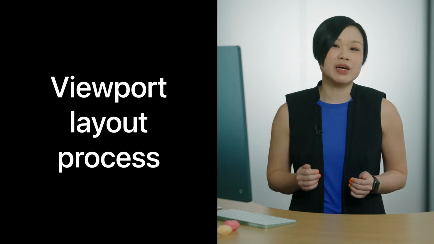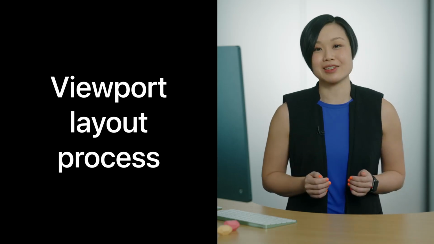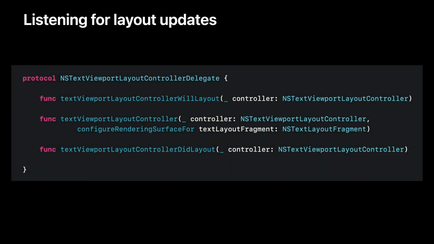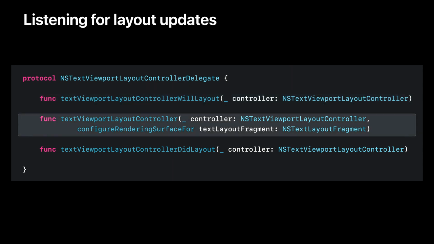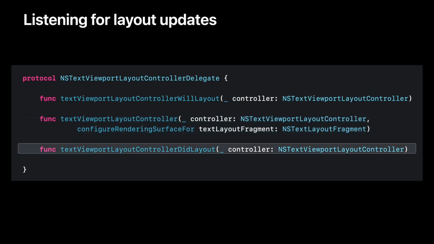Now that we've met the viewport layout controller, let's talk about how to participate in the viewport layout process. The viewport layout controller calls 3 important methods on its delegate during the viewport layout process: textViewportLayoutControllerWillLayout, textViewportLayoutController configureRenderingSurfaceFor textLayoutFragment, and textViewportLayoutControllerDidLayout.